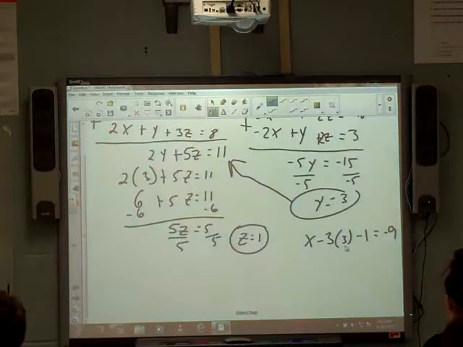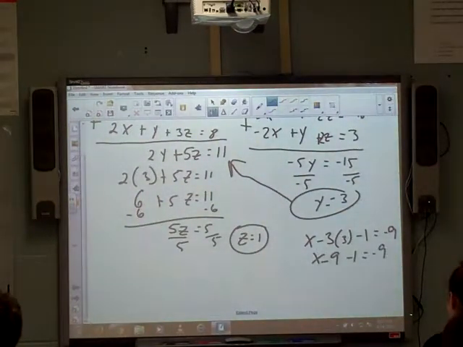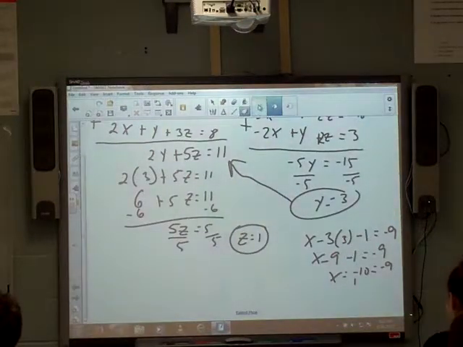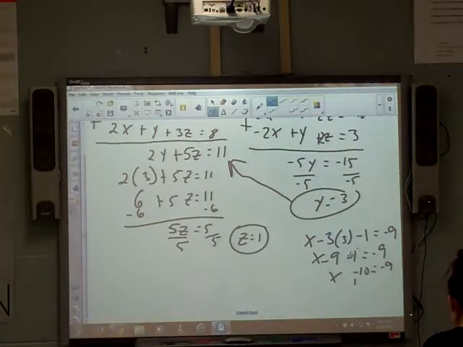So that's negative 3 times 3 is negative 9. Negative 9 minus 1 is negative 10. I got this extra equal sign in there. I kept doing that yesterday when we put extra equal sign. Add your 10, and x is 1.